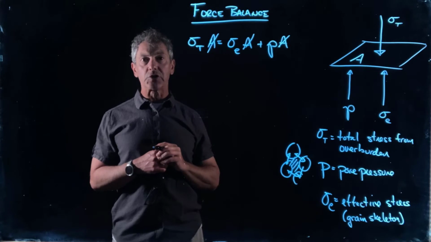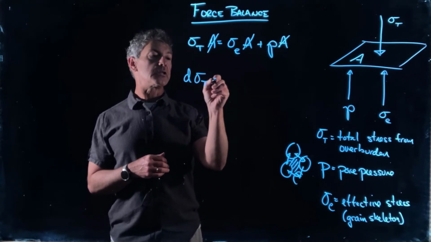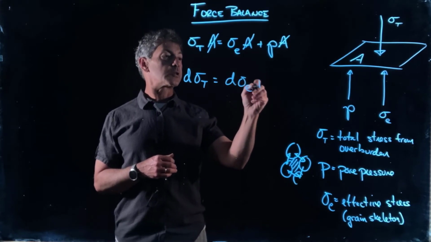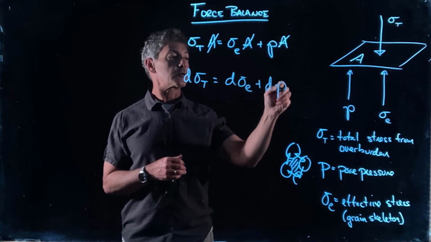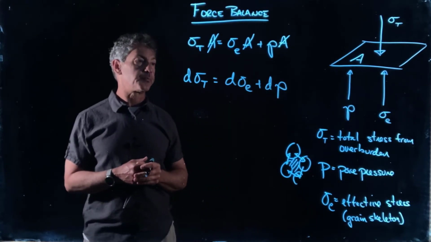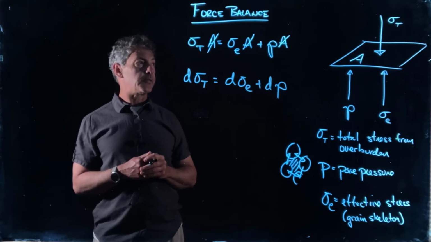We can also look at the change in stress. So we could write the change in the overburden stress is equal to the change of the effective stress plus the change in the pore pressure. And I'm using the derivative d to talk about the change. Okay. So what does this say?